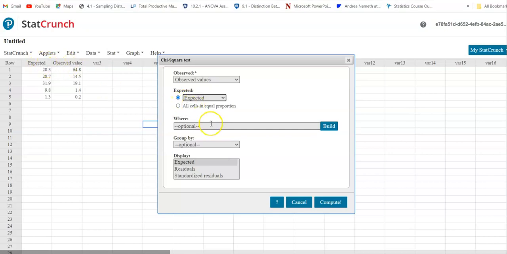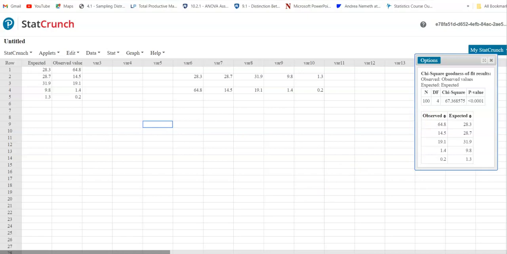Now, as in the first question, if you had tested if the distribution is uniform, then instead of entering the expected column, you would select all cells in equal proportion. And then you click OK, Compute, you get this.